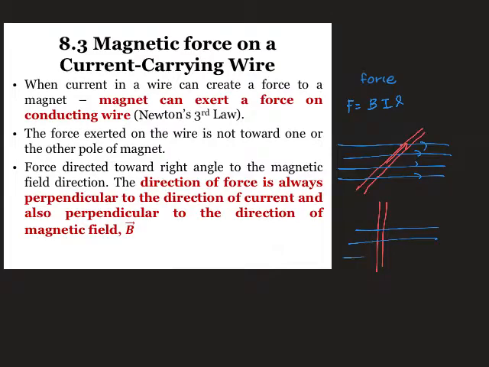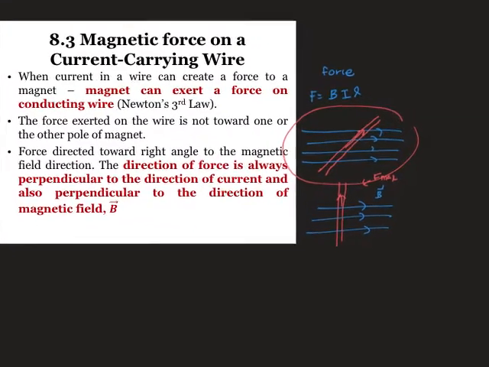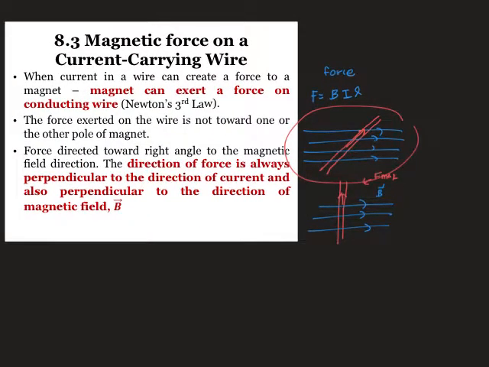For example, if this is your B and you have a current carrying wire, you are going to get the maximum force, F maximum. Then how do you use this picture to get the maximum magnetic force? You can resolve either the current carrying wire or the magnetic field.